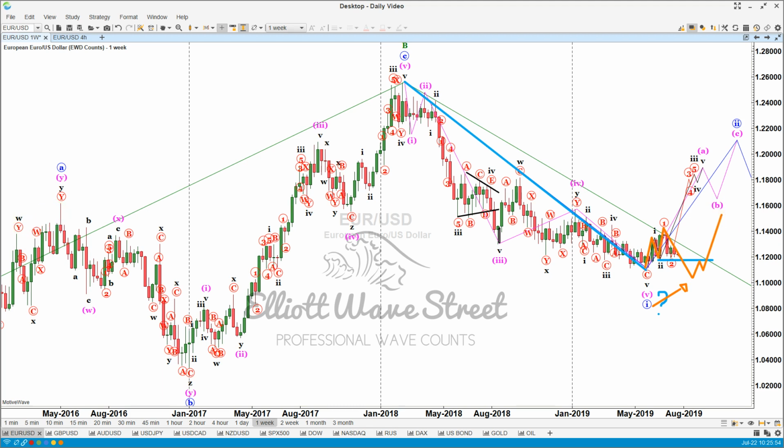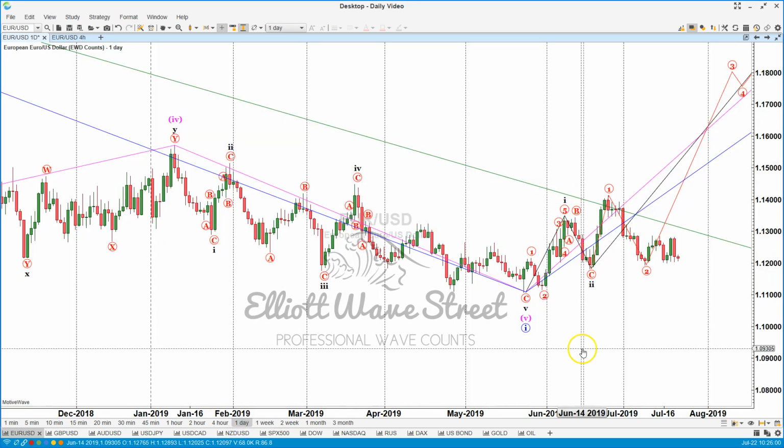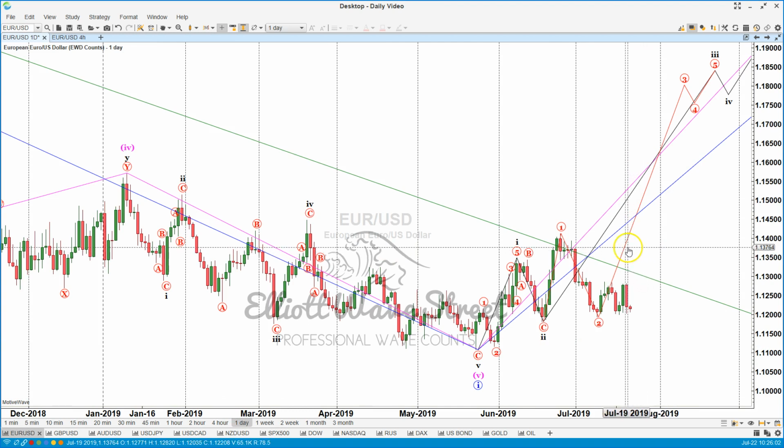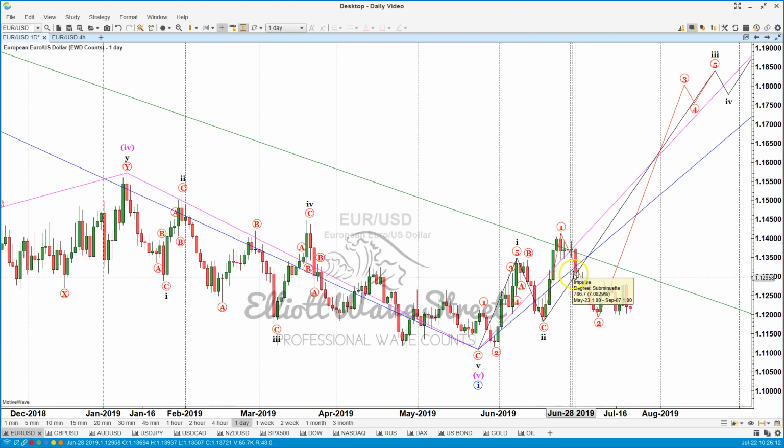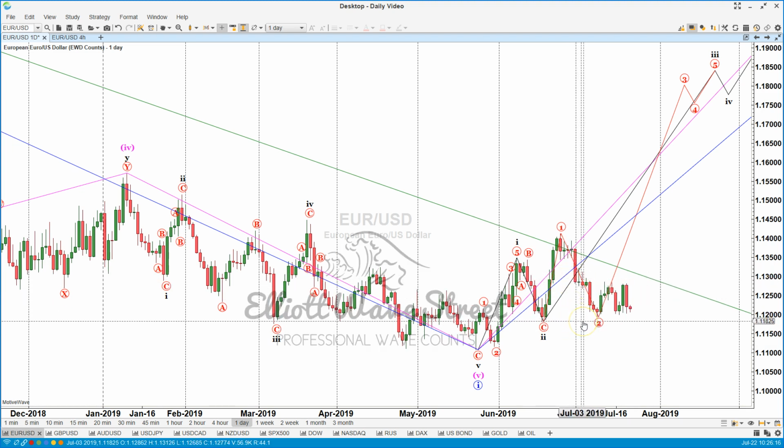But before we validate that invalidation, let's go to lower time frames to see what's going on. So on the lower time frames, the last week I triggered a trade at the 112.30 area, and with a 30 pip stop loss at the 112.